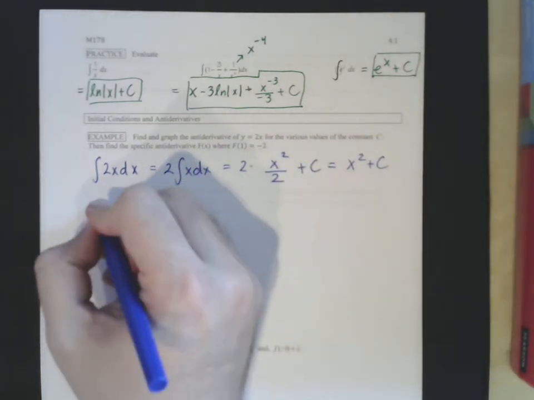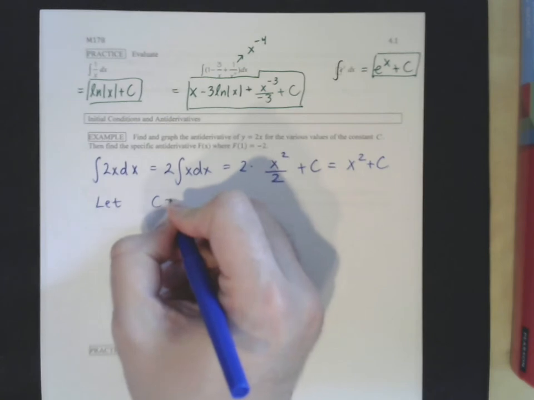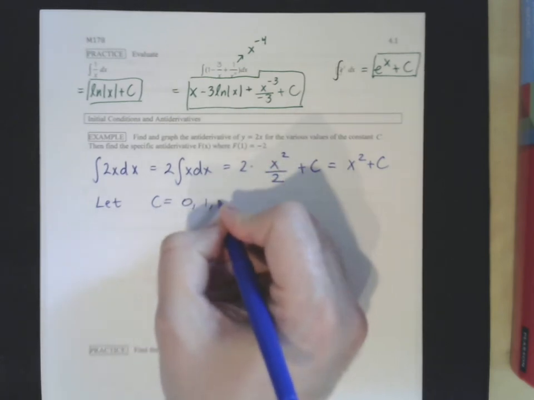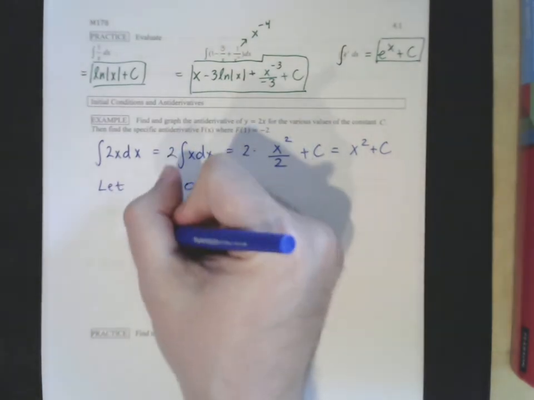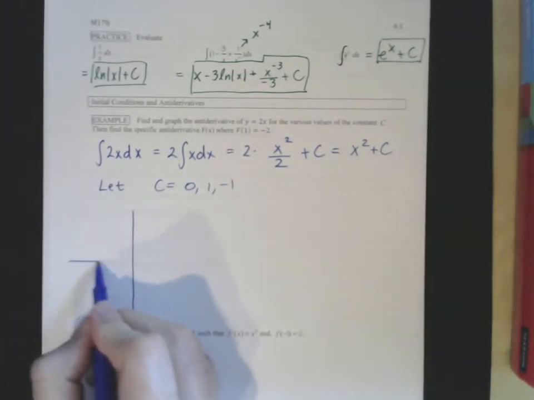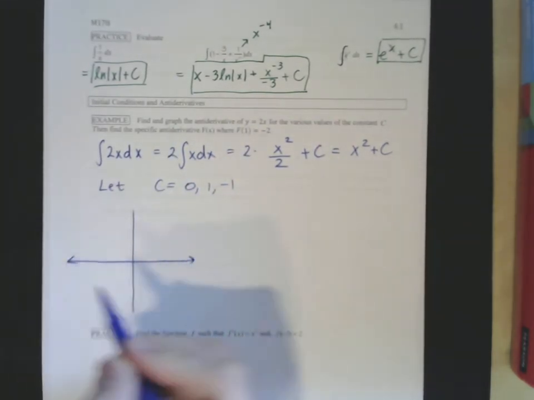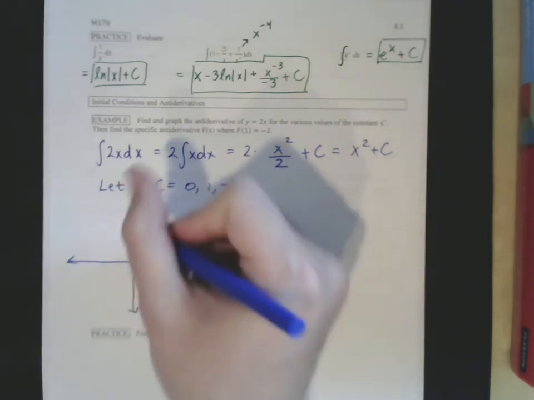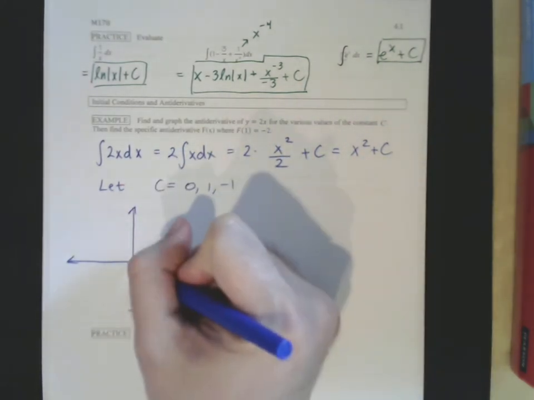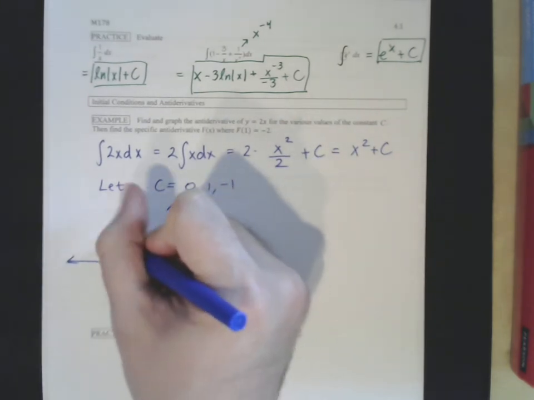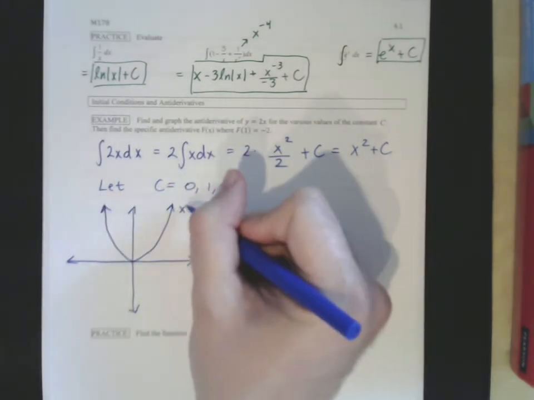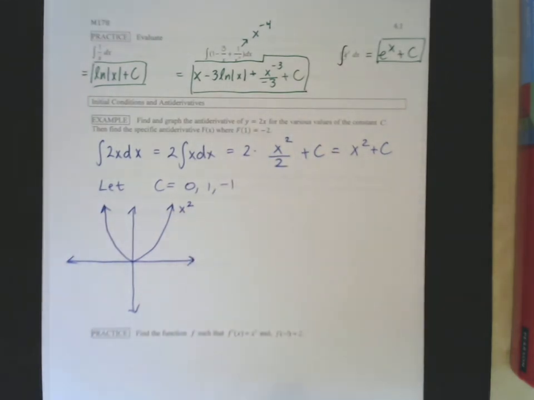And we are going to let c equal 0, 1, and negative 1. So we're just going to sketch some graphs here, and we're not going to get as specific as our graphing in chapter 3. So we know that x squared plus 0 is just x squared, so that would just be the standard x squared.